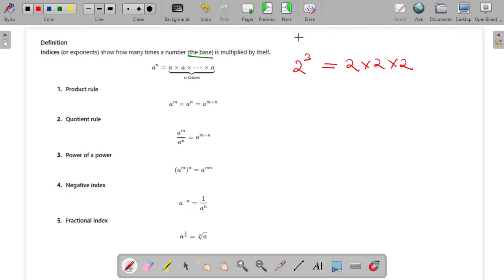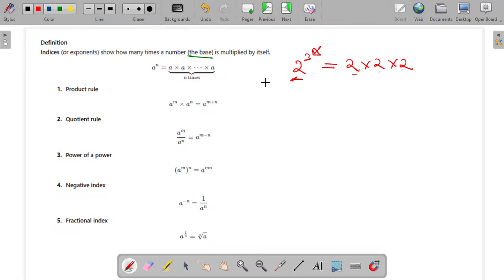So this here, the exponent, is what is the index, because it's showing us how many times 2 is multiplying by itself. So it means the base here, which is our number 2, is multiplying itself 3 times, hence 2 multiplied by 2 multiplied by 2.